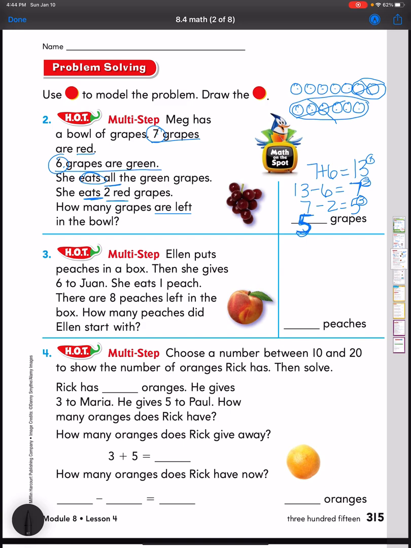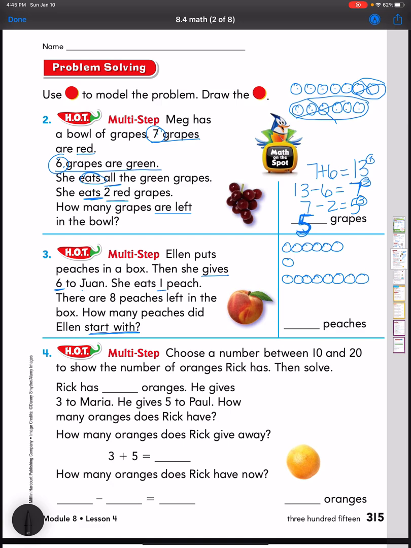So in order to find out how many peaches she started with, we're going to have to go back and reread what she did with them. She gave 6 of them to 1, so we know she had 6. She ate 1, and then there were 8 peaches left.